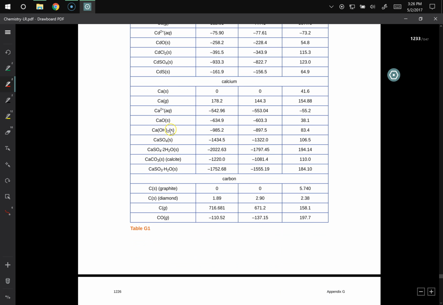Is it really not here? Oh yeah, there it is, sorry. Negative 1200 and 110. And then is it calcium oxide? Is the other one? Yeah. Negative 634, or 635, and 38. So the H and S for CaO, CaCO3, CO2. All right.